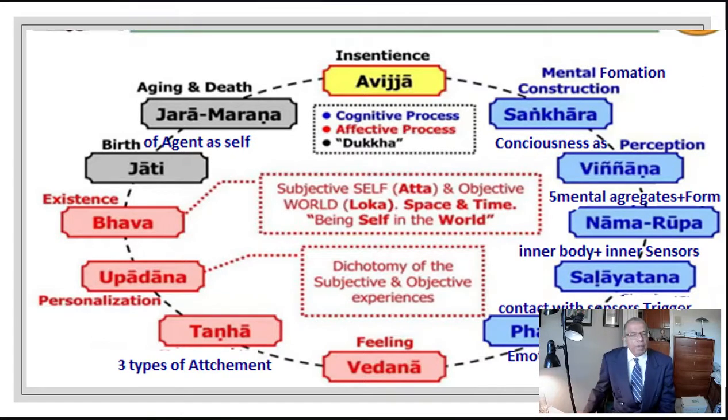He started the same 12-fold path with Avijja. I want you to pay attention that this cyclical phenomenon is exactly the same as the 12-fold pathway, but he has divided it into the cognitive process, the emotional affective process, and the suffering or dukkha process.